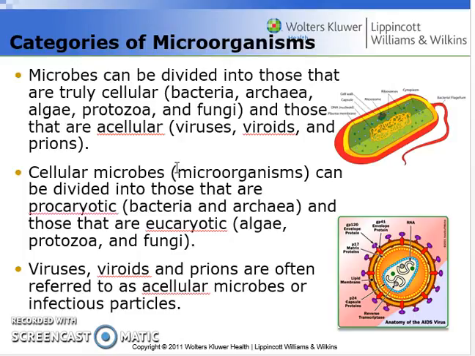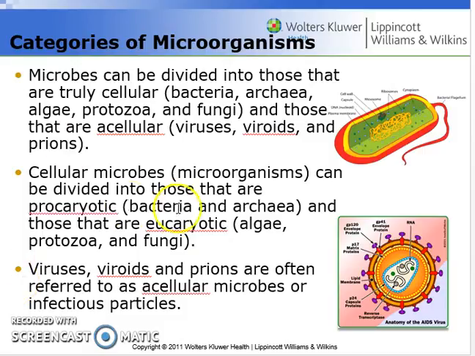So cellular microorganisms can be broken down further into the prokaryotic organisms and eukaryotic organisms, and we've talked about that pretty extensively in the last couple of units. And then we also have viruses, viroids, and prions, which are going to be our acellular organisms that fall into that particular category.